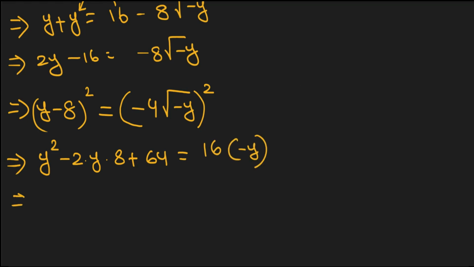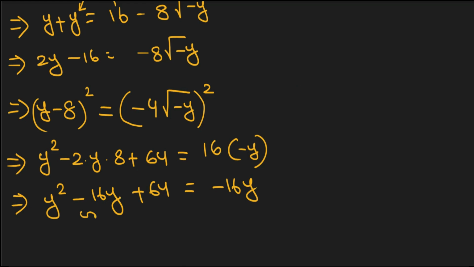Now we can write this as y square minus 16y plus 64 is equal to minus 16y. As we can see, this minus 16y is present both on the left hand side of the equation and the right hand side of this equation, then they will cancel out with each other.